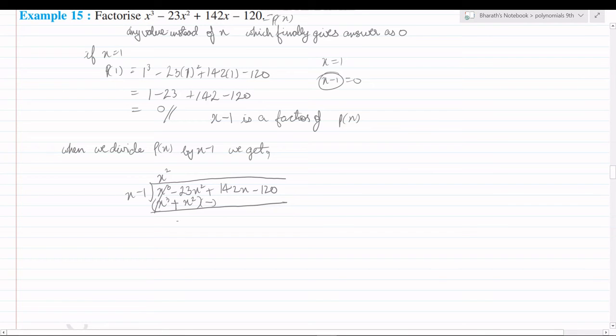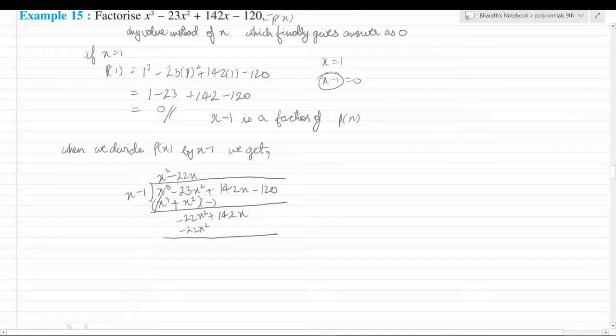Now finally you get minus 22x square plus 142x. Now here, since it is minus, we take minus 22x, so that when minus 22x is multiplied with x, we get minus 22x square itself.